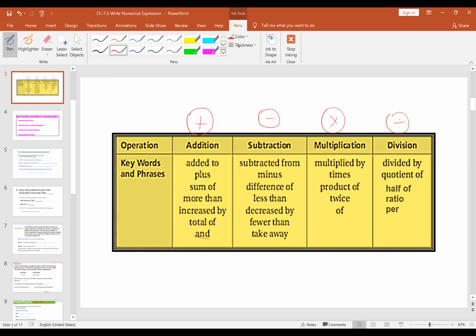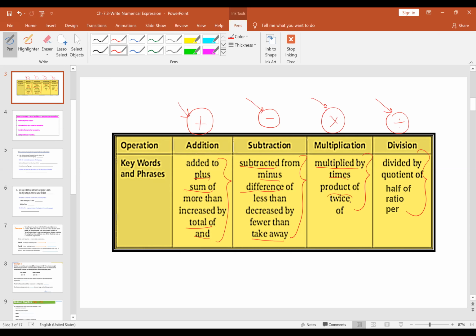Okay, since this is clear, let's start. A very important point about these keywords is that we need to memorize them and we need to understand the words and their corresponding operation. Therefore, we need to know the keywords for each operation in order to be able to write the numerical expression. Some of them you already know, such as plus, sum of, the total of, the difference, minus, subtracted from, take away, multiplied by, times.